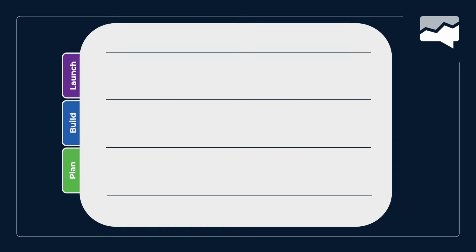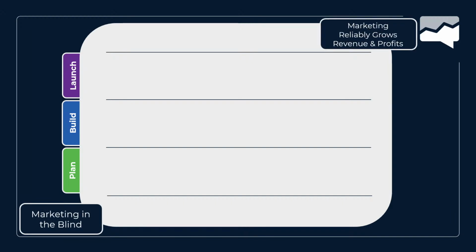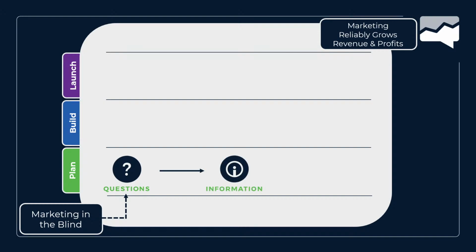I forgot. We've got to talk about the framework. Of course, we have to talk about the framework. We plan, we build, we launch. Instead of marketing blind, we're getting to the point where we just use our measurement, and the measurement systematically produces more revenue. That's how measurement marketing is supposed to function. In fact, it does function like this when done well. How do you do it well? First, you plan. We think about the questions we're going to answer, the information we need to collect to get the answers, the actions we're going to take based upon the answers we get.